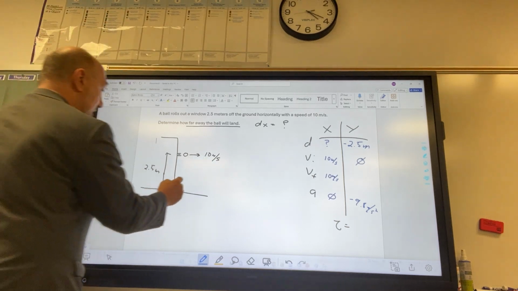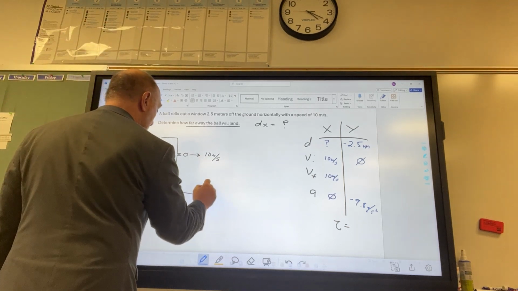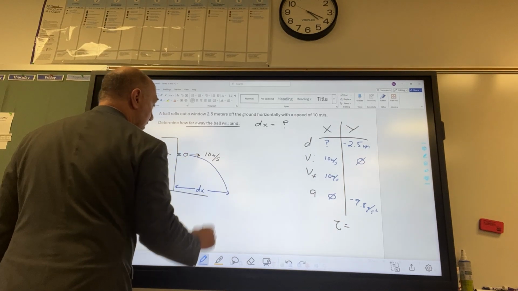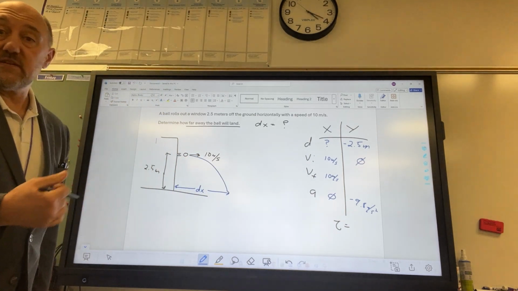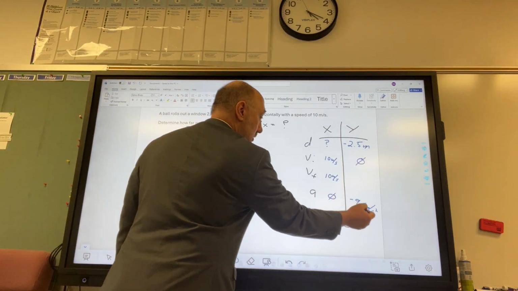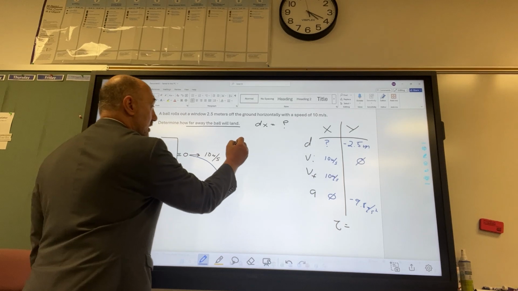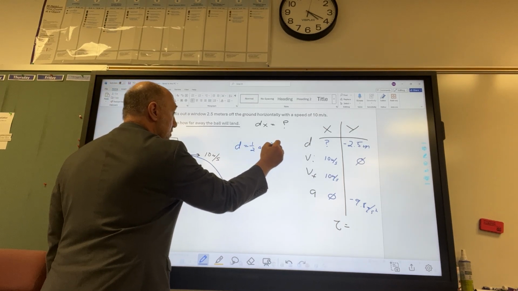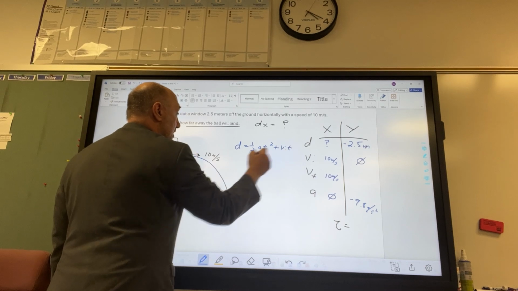So in order to find out how far away this guy's going to land, basically I need to find the time. Find the time usually in the Y direction because I know acceleration due to gravity. And so D is equal to 1/2 AT squared plus VIT.